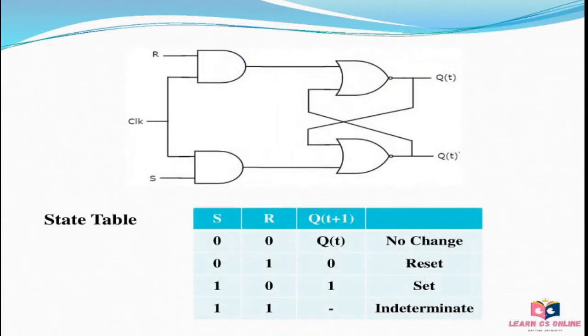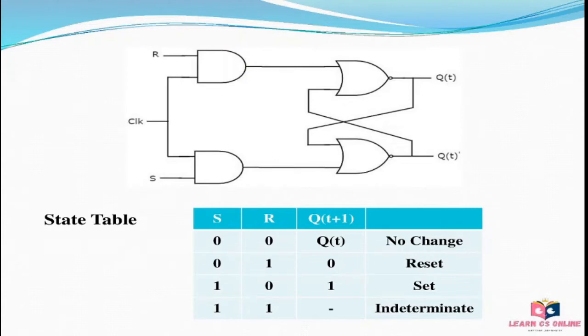The circuit diagram and the state table of SR flip-flop are shown in this slide. This circuit has 2 inputs S and R and 2 outputs Q of t and Q of t dash. Here Q of t and Q of t plus 1 are present state and next state respectively.